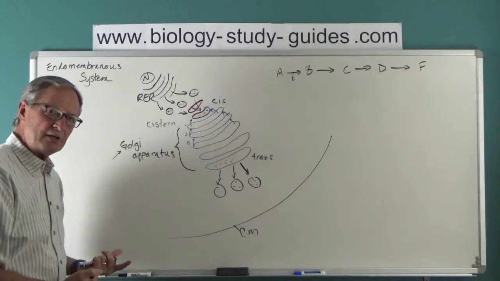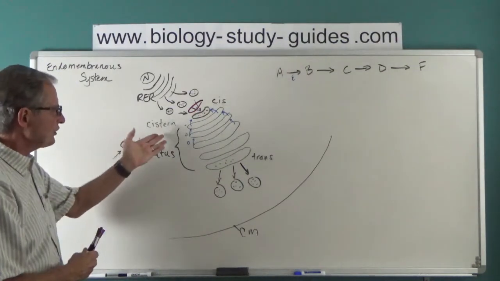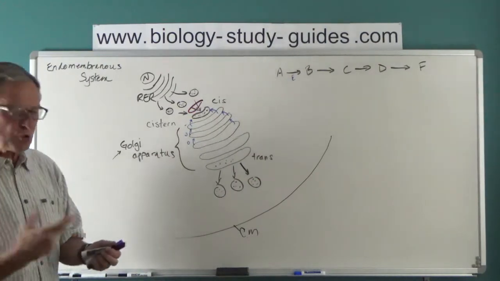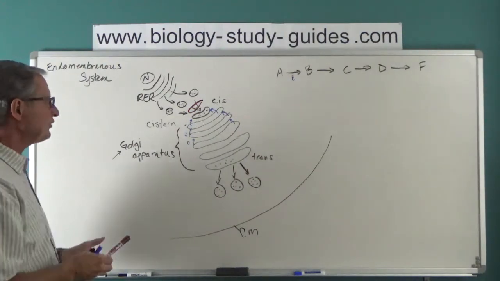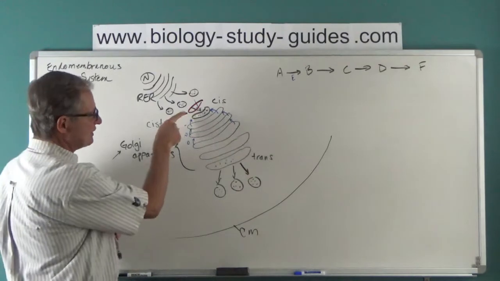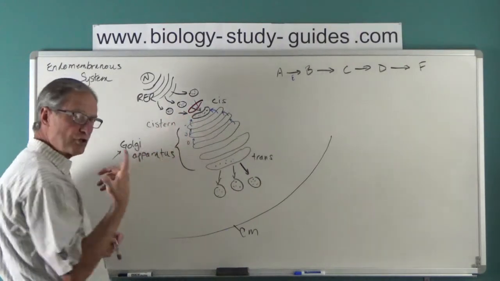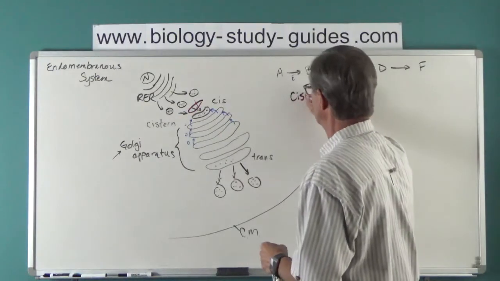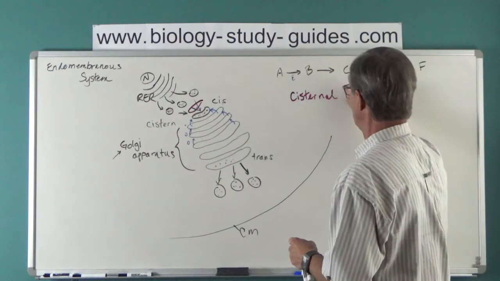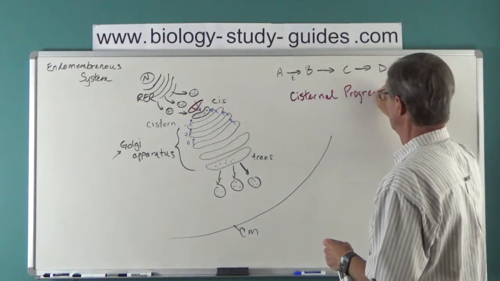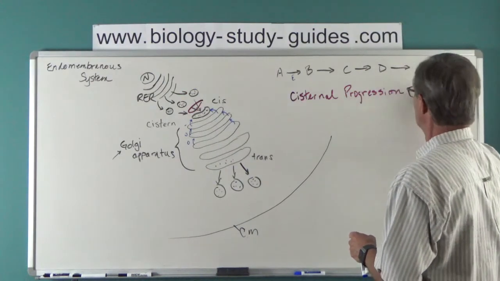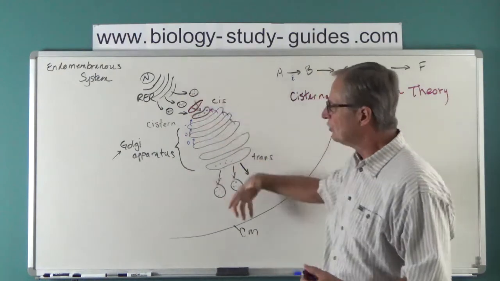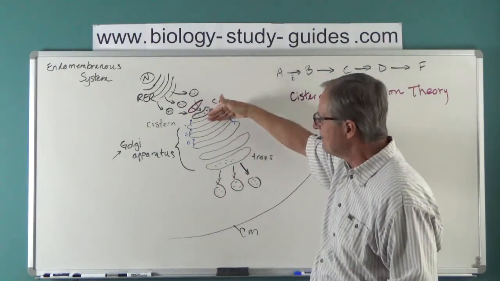There's a theory, called the cisternal progression theory, that attempts to explain all of this. What the theory says is that the cisterns progress through the Golgi apparatus. They actually become the next cistern.